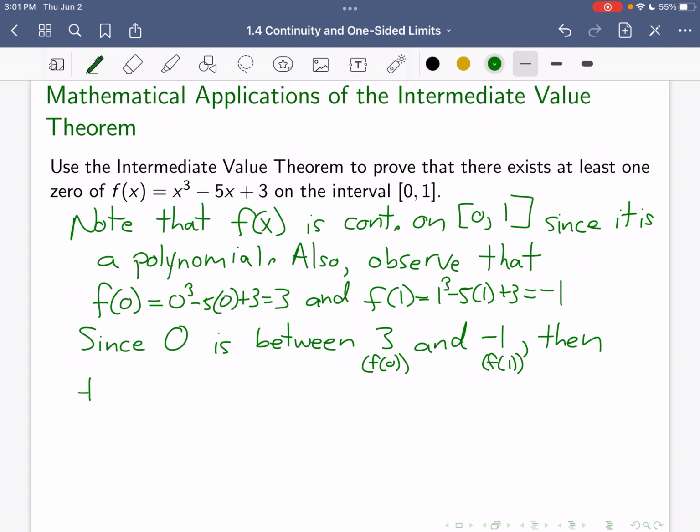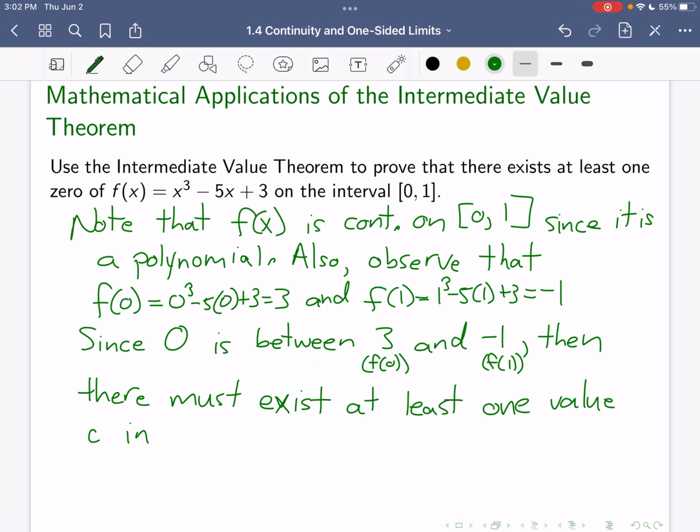Then there must be at least one value c in the interval from 0 to 1 with f of c equals 0 by the intermediate value theorem.